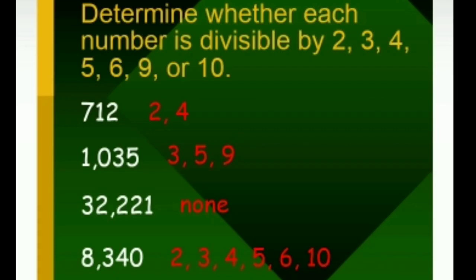I have written here 712 is divisible by 2 and 4, 1035 is divisible by 3, 5 and 9, 32221 is divisible by none of them, 8340 is divisible by 2, 3, 4, 5, 6 and 10. So how have I determined this? I have determined this by following certain rules. I have not done any calculation here. I have just followed the rules which are necessary for you to know to determine the factors of the given numbers. Now you will say, where are the rules?